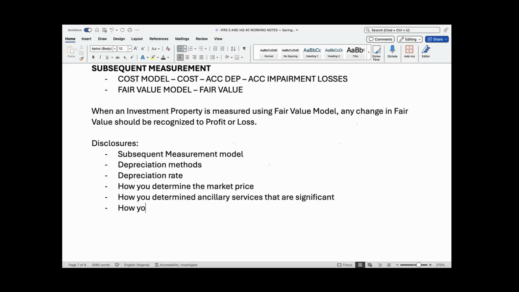Also, you need to tell us how you determine significance of use, where a component of a building cannot be sold separately.